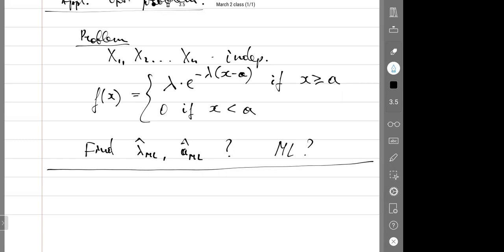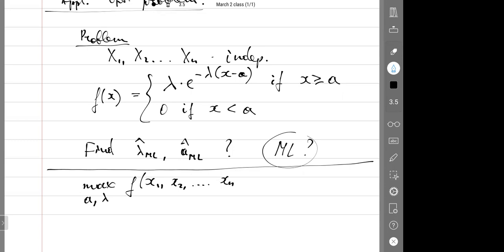Okay, who remembers the idea of maximum likelihood? What is optimized? Well, we should multiply densities of each xi, and then maximize. You're right. We maximize with respect to parameters. We have two unknown parameters here, a and lambda, and we maximize the joint density of x1, x2, xn.